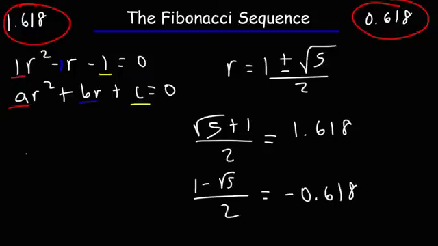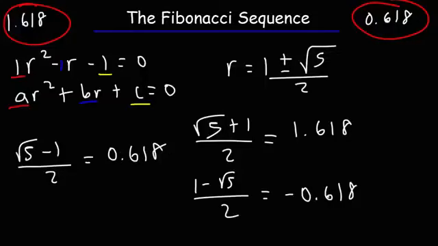What we do want is the square root of 5 minus 1 over 2, and that will give us 0.618. But at least you know how to get this number, and this one too, just the negative version of it.